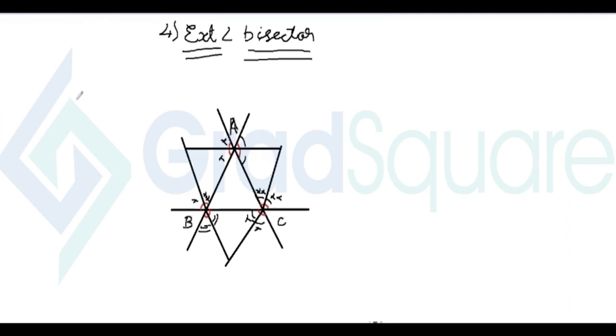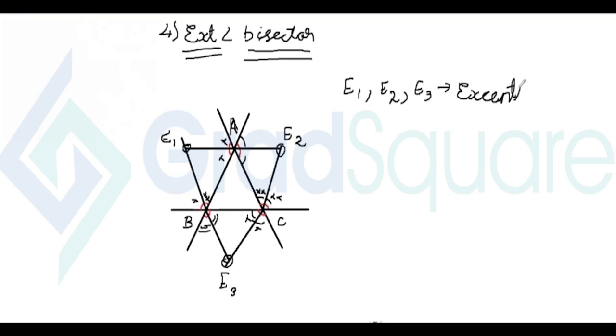But there's one property of exterior angle bisectors which you have to remember. You can see that there are clearly 3 distinct points at which exterior angle bisectors meet or cut each other. If I call these 3 points E1, E2, and E3, then these 3 points are called the excenters of the triangle. So E1, E2, and E3 are excenters of triangle ABC. The property of the triangle's excenter is the same as the property of the triangle's incenter.